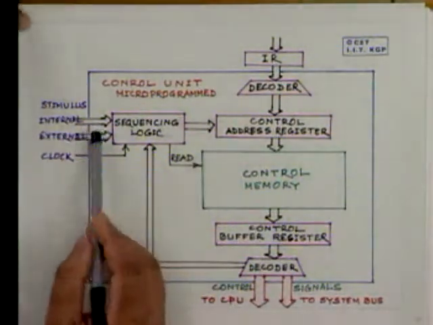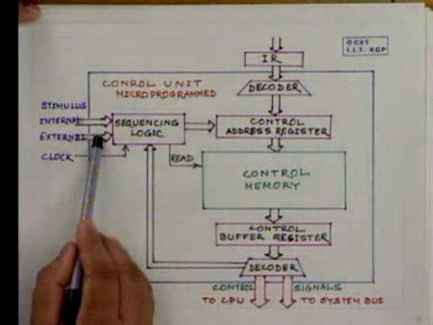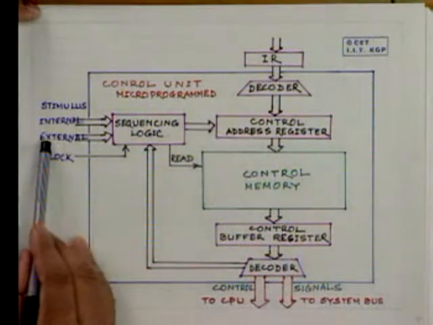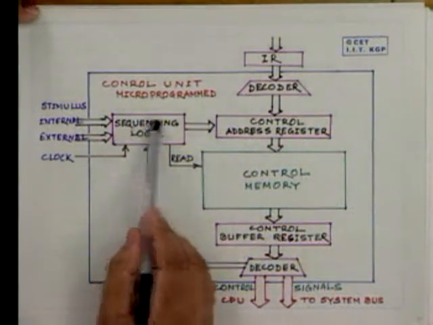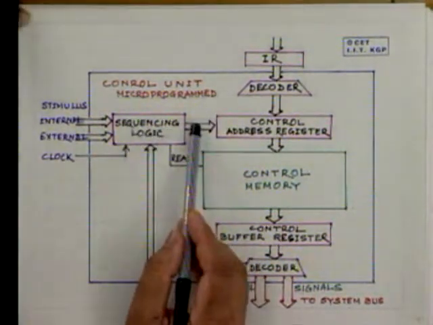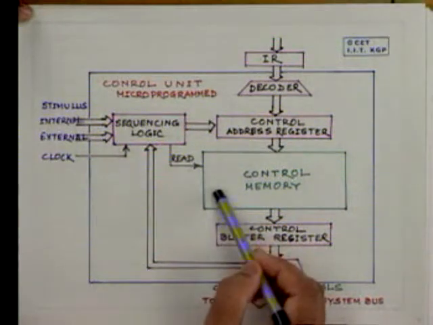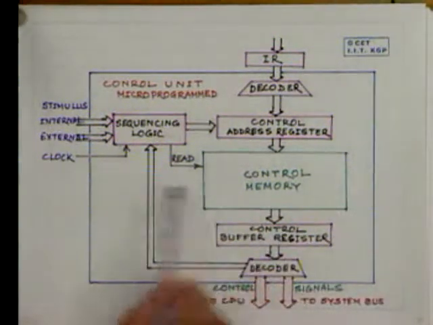The other input should come from external also. External means, for example, some interrupt signal comes, right? In that case, the sequencing logic should go to that interrupt handler, which will be in another part of the control memory.